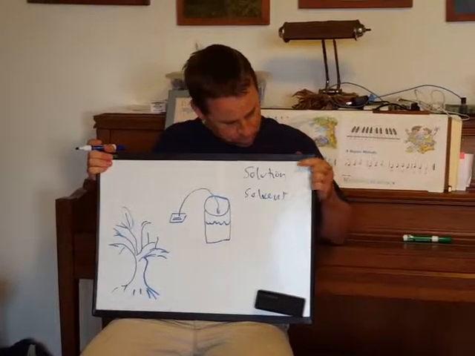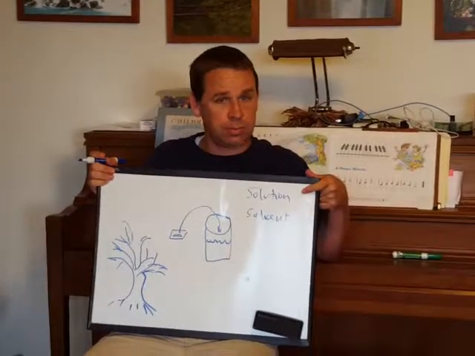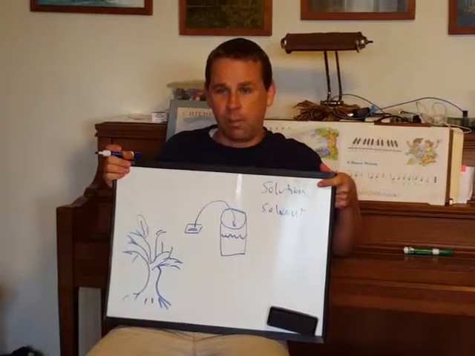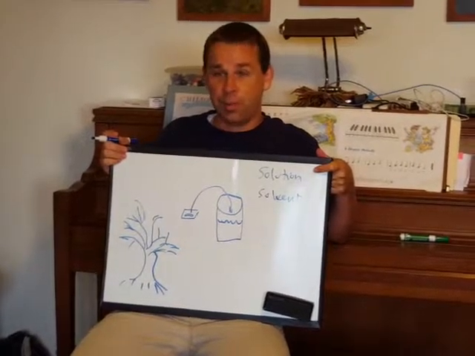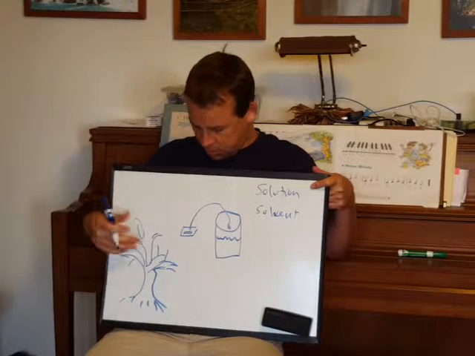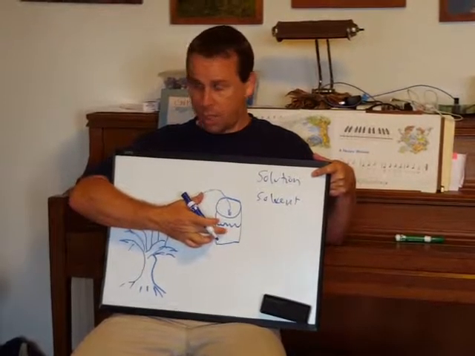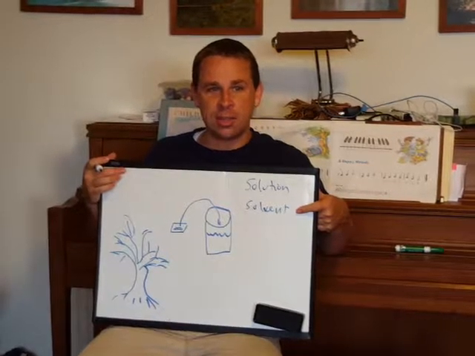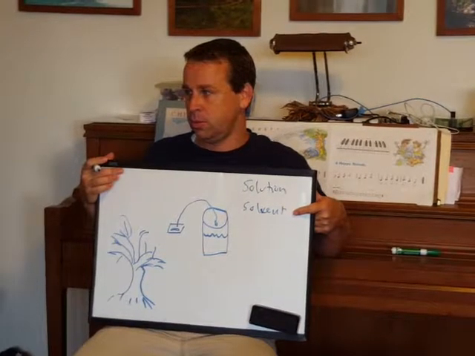That's right. Solution is what? The product of the mixture, right? The mixture of something into a, what is this thing? Solvent. The solvent is the thing that's in the mixture in the highest amount, right?